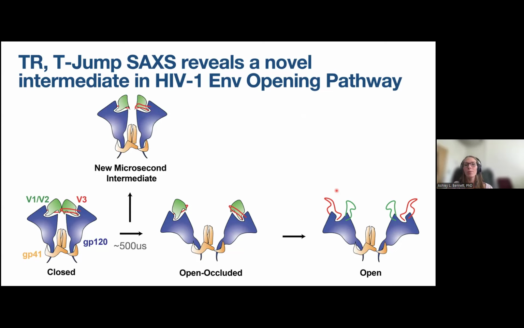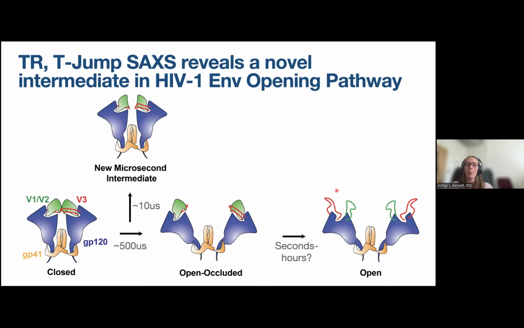We also identified in this closed to open occluded transition a new microsecond intermediate that has not been identified before, and this intermediate forms very quickly, about 10 microseconds into the opening process. We weren't able to measure all the way to the open structure, but binding studies indicate that this could take on the seconds to hours time scale, but more work would need to be done to pin that down.